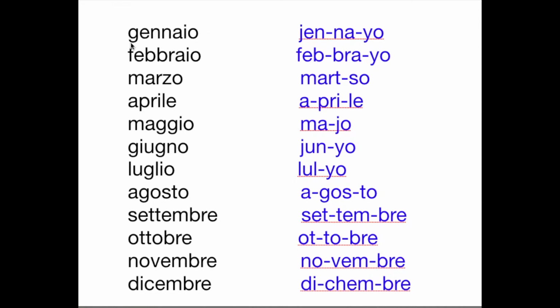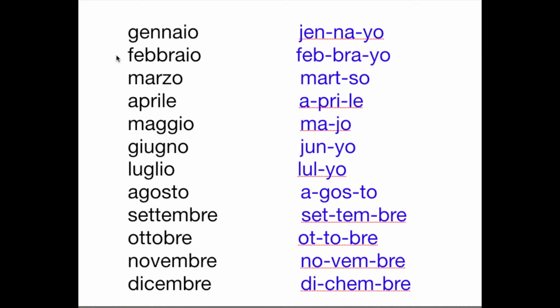The first letter, G, is followed by the letter E. Then it will have a J sound, as in Juliet. And we have a letter I in here, followed by the letter O. Then it will have a yo sound, like in the word yogurt. So that's gennaio.